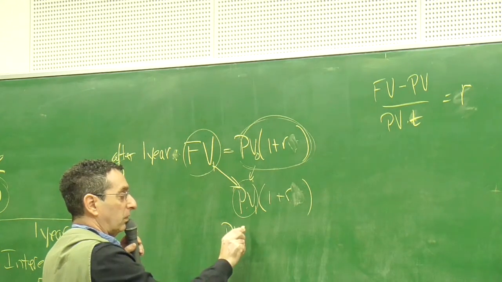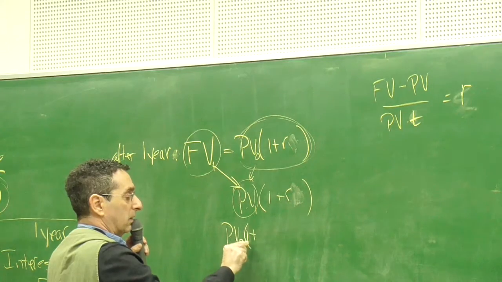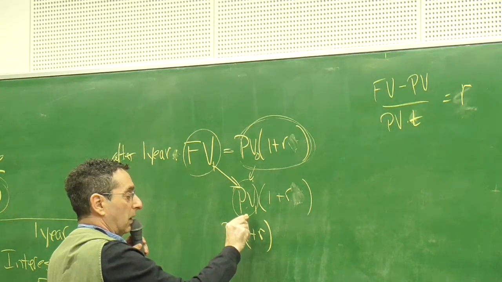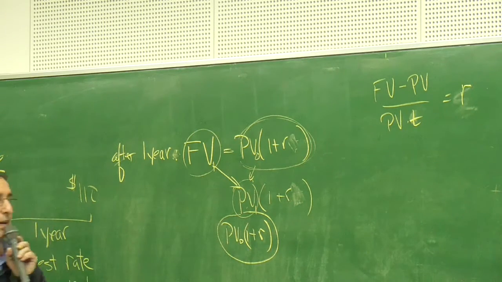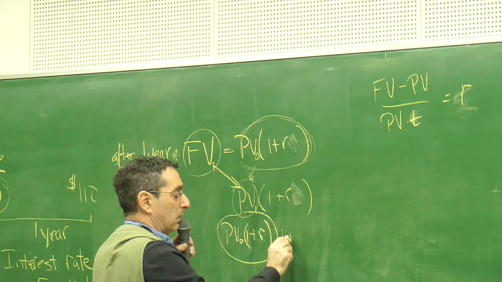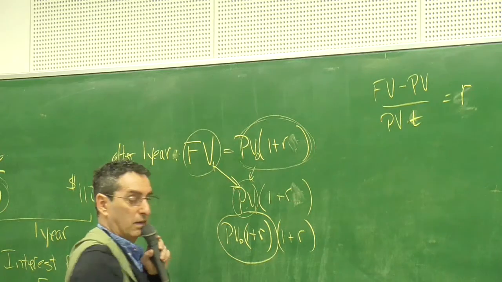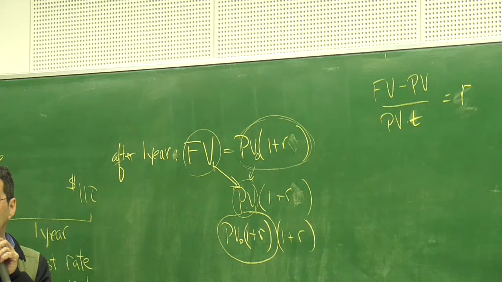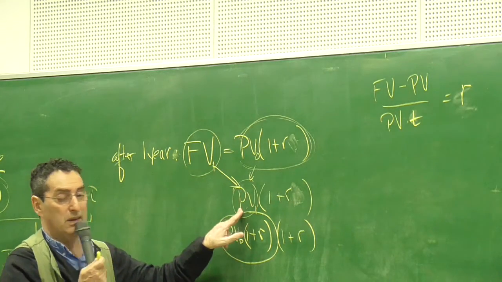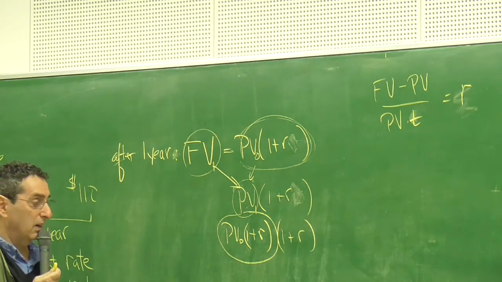PV0 times 1 plus R is this part. Right? And then I still have to multiply that times 1 plus R. Right? Everyone see what I did? Of course, the future value of last year is how much I have at the beginning of this year. So that's what I did. I put in that. Okay?